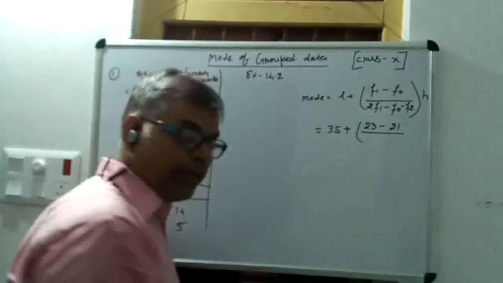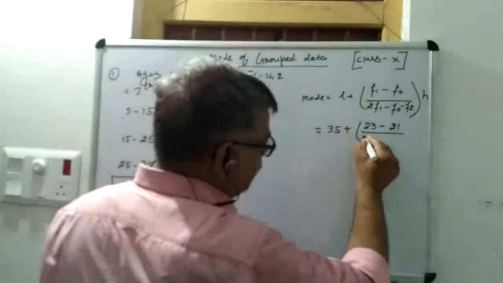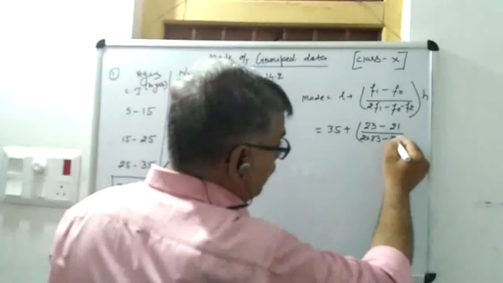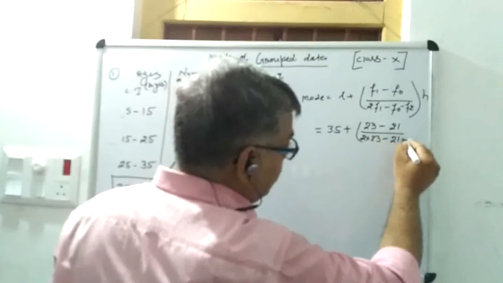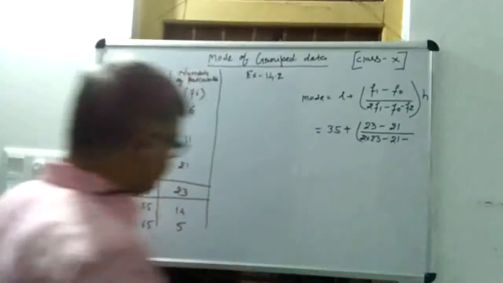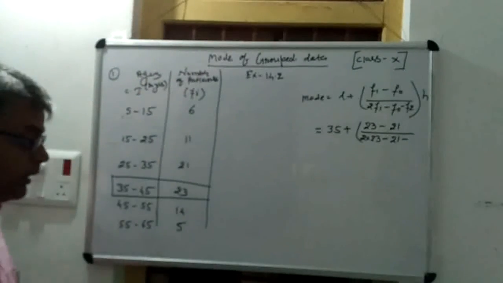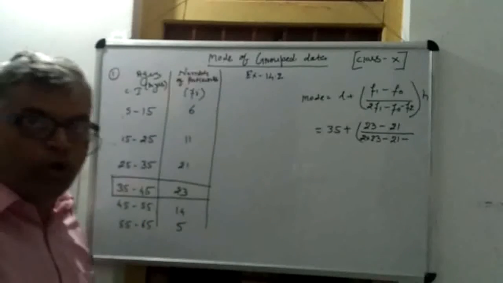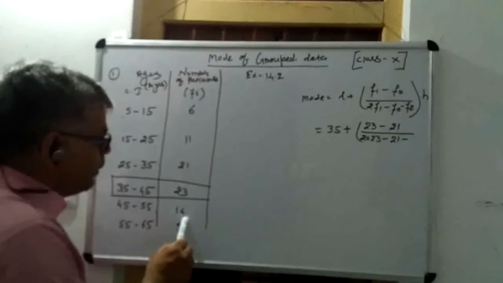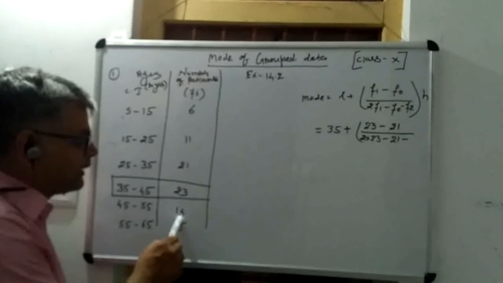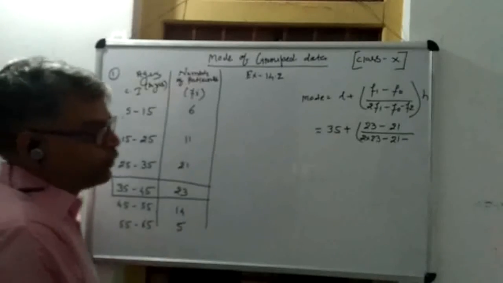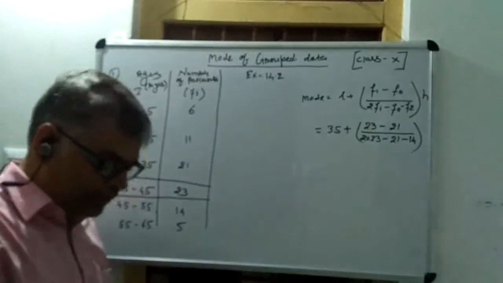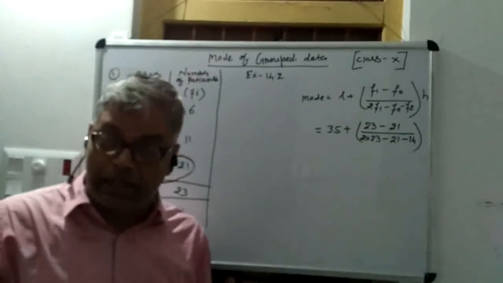Now twice of F1, that is 2 into 23, minus F0, which is already 21, and minus F2. F2 means the frequency of the class just succeeding the modal class, which is 14. So put here 14. Now you have to find the value of H. H is the class size.